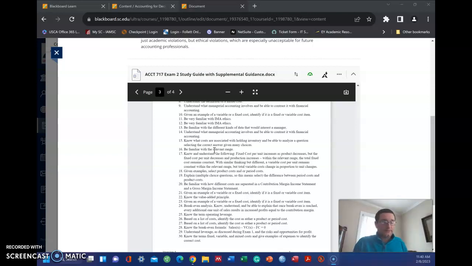So the relevant range is between 0 and the max, which is 40, right? Because if you go over 40, you're paid time and a half. The relevant range changes. So within that relevant range, the cost per unit of labor is $10 an hour. And as somebody works more and more at $10 an hour, they get paid more and more. Total variable cost increases as volume increases while the cost per unit remains constant.